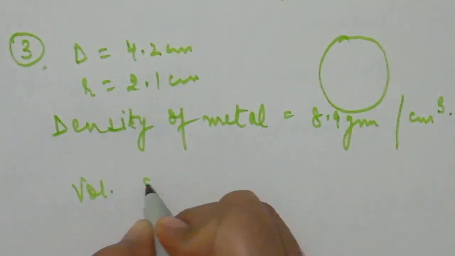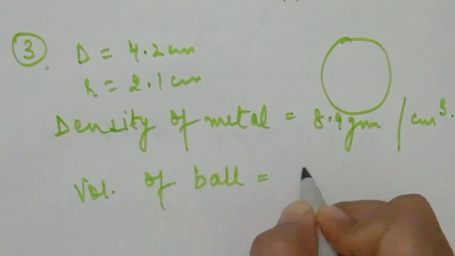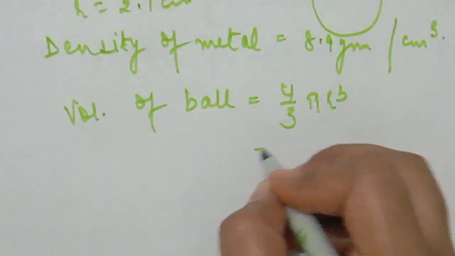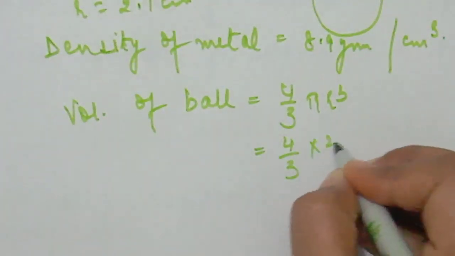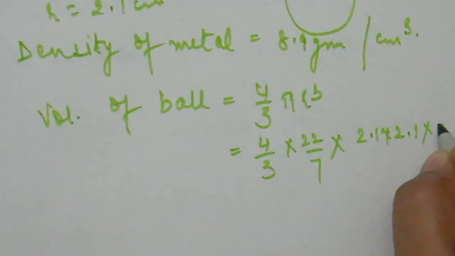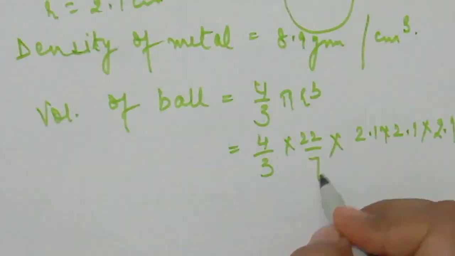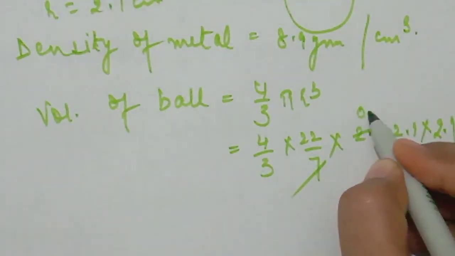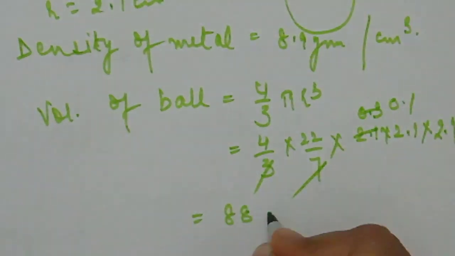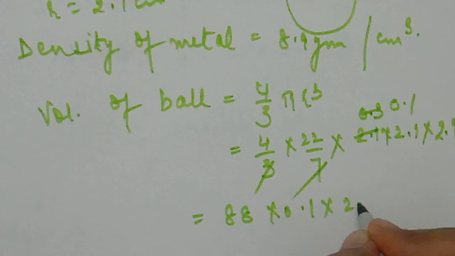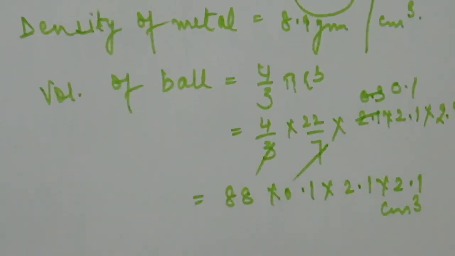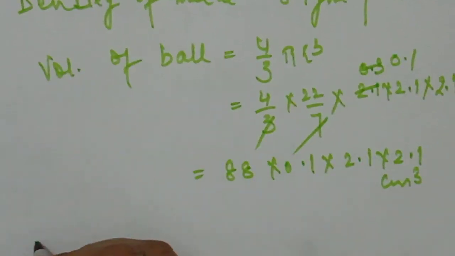Because it is a sphere, we will apply the formula 4 upon 3 pi r cube. Then it is 4 upon 3, 22 upon 7, and 2.1, 2.1 and 2.1. Now we will cut it as 0.3 and then 0.1. So the calculation is 88, 0.1, 2.1 and 2.1 centimeter cube.